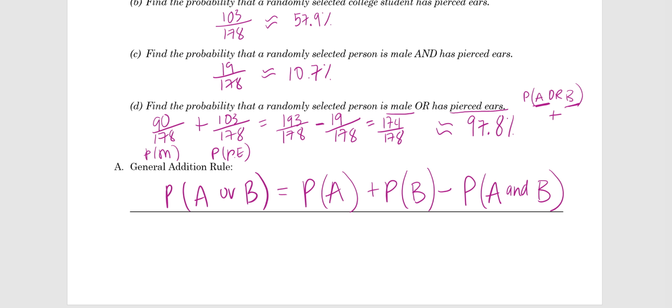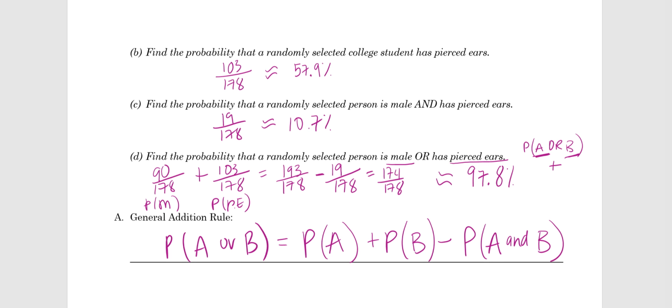Before, when we did the probability of A or B and we were just able to add those two probabilities, that only counts for mutually exclusive events. And mutually exclusive events are events that cannot happen at the same time. Let's go back up to what we're asking for here. We want the probability that a randomly selected person is male or has pierced ears.